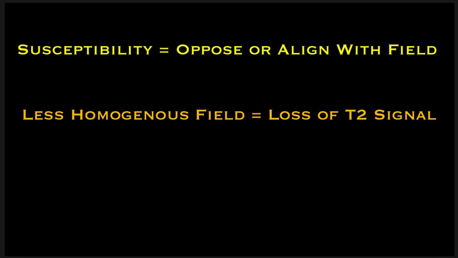All right, so rapid review here of the stuff we talked about. Remember that susceptibility basically just means you're going to either oppose or align with the field. Less homogeneous things create a loss of T2 signal, amplifying that T2 star effect.